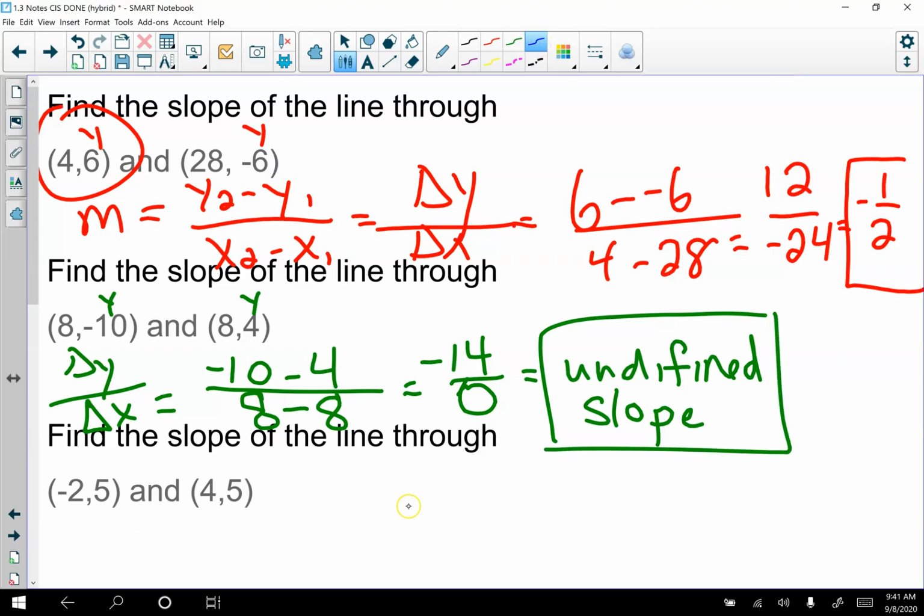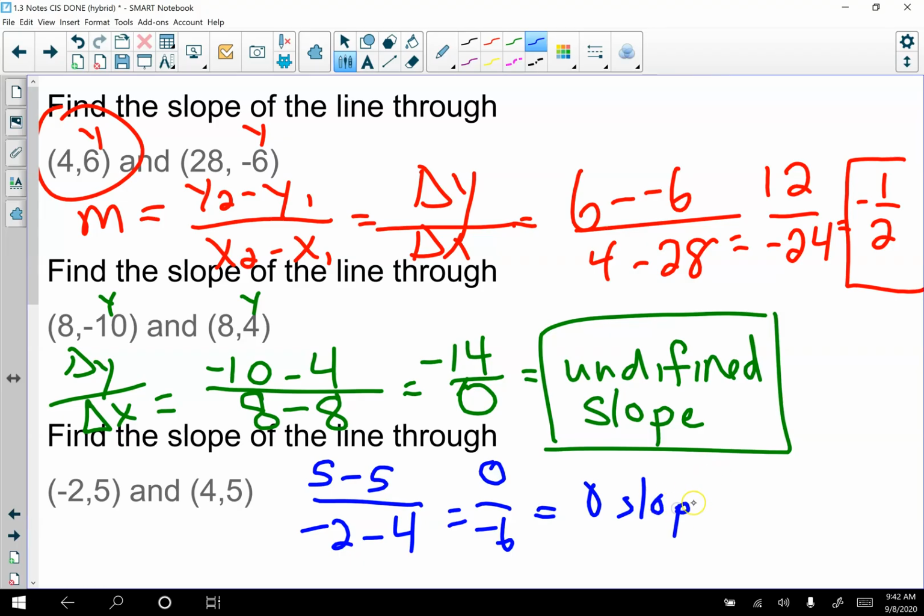Last one, change in y over change in x is 0 over -6, which ends up to be a 0 slope. Thinking of a 0 slope, that is a horizontal line, just so you are aware of that.